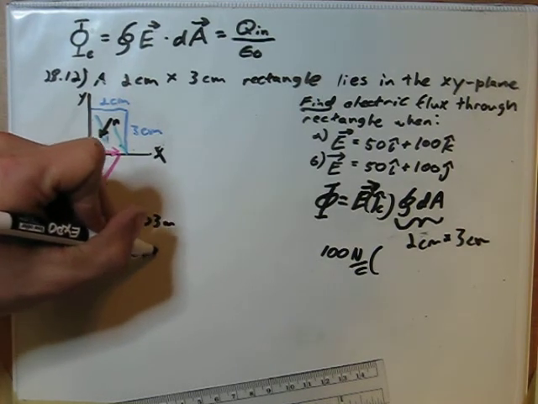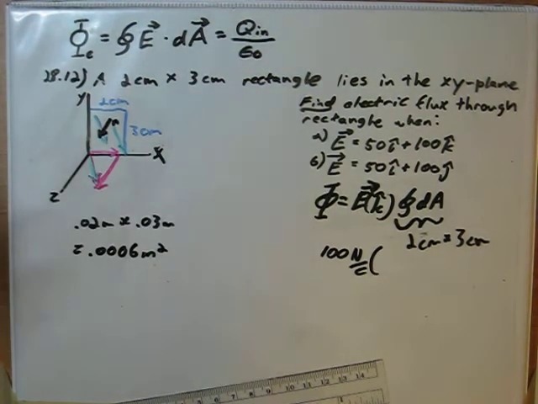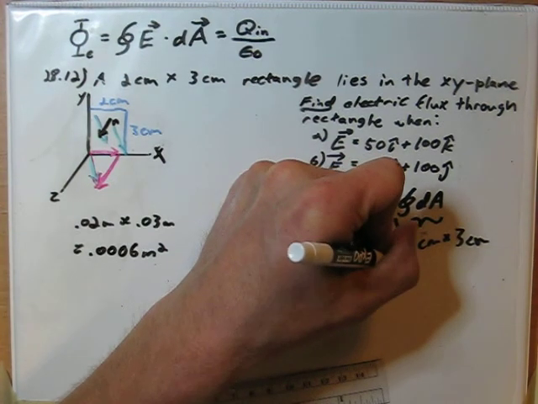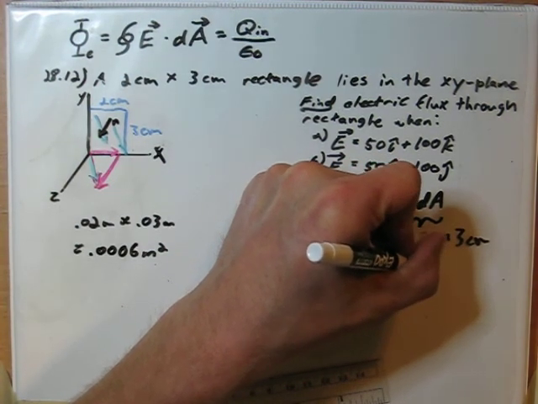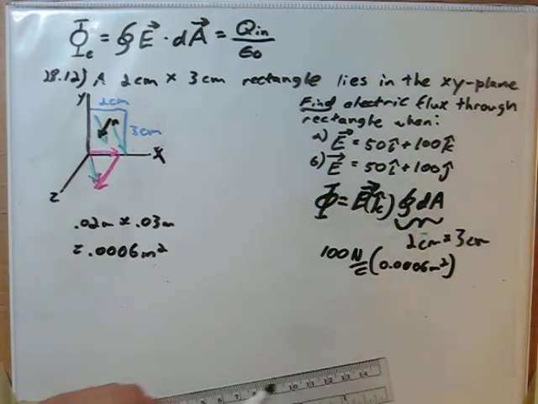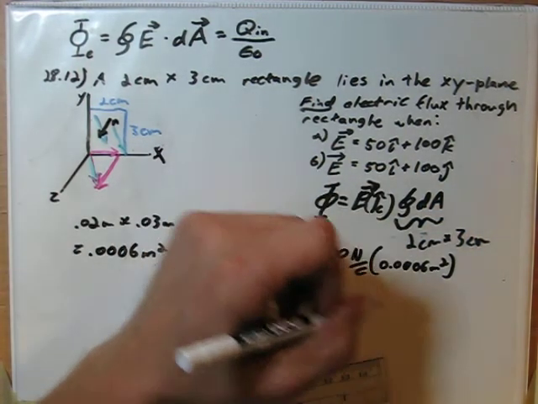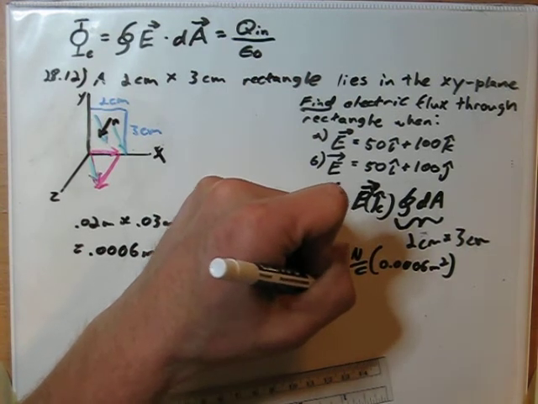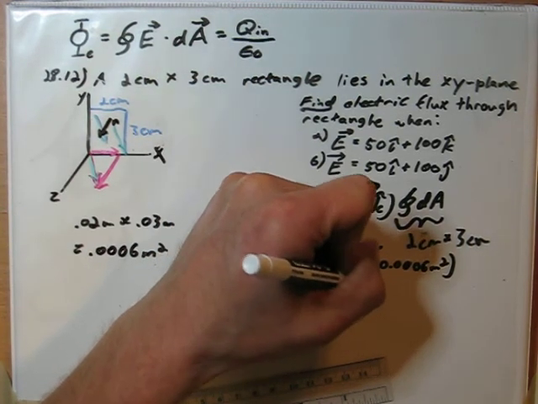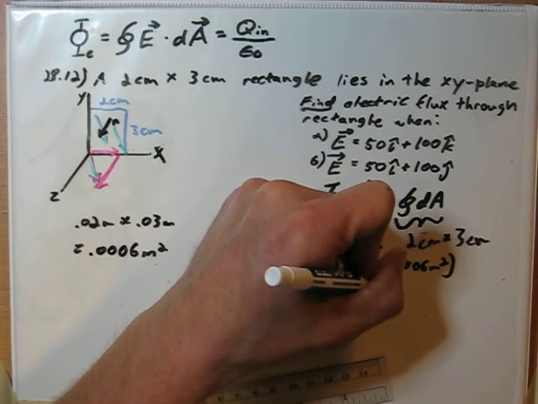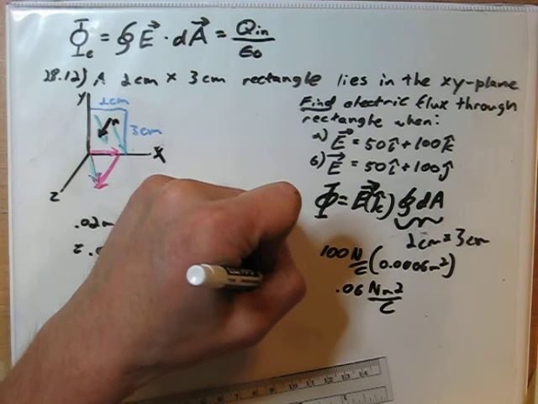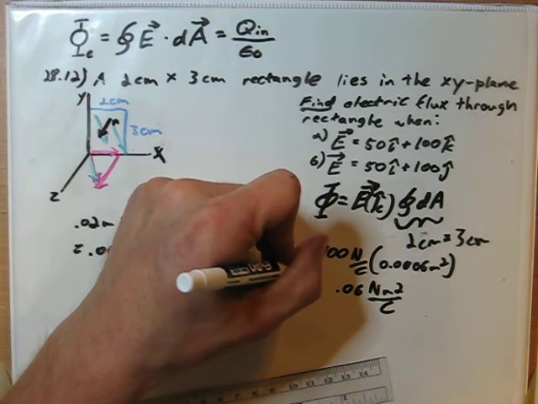So we can plug that in over here, 0.0006 square meters, and our flux ends up being 0.06 newton meters squared per coulomb. That's for part A.